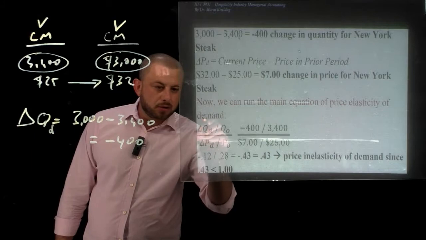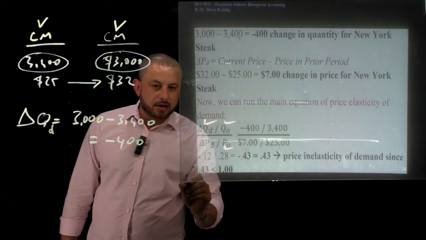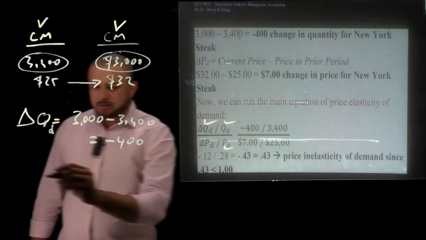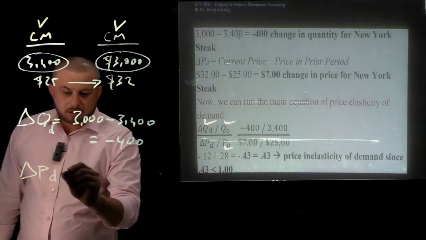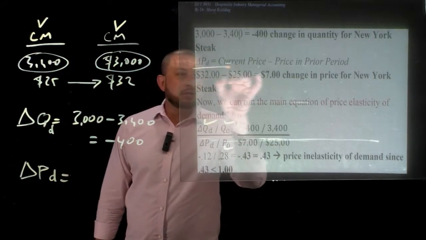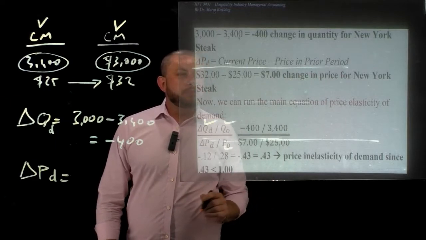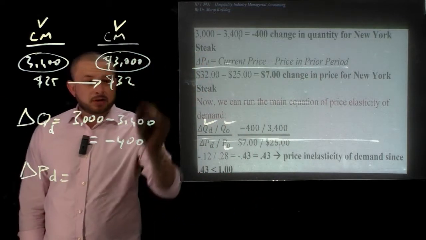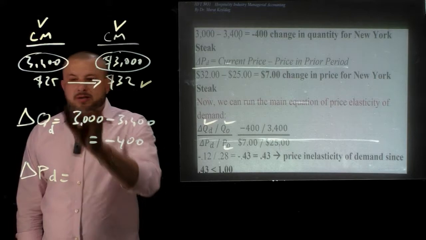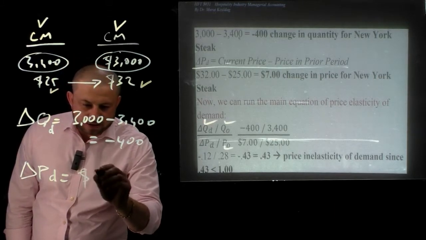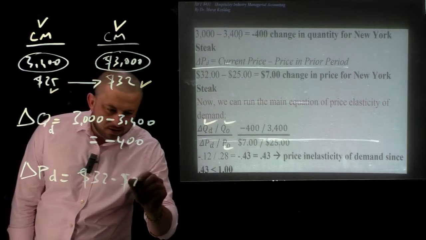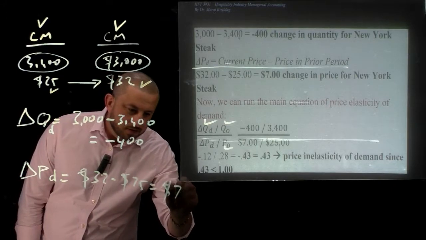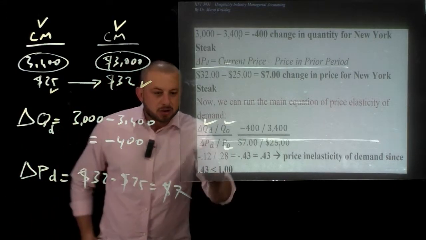Now delta PD: I don't know it yet, but delta PD is equal to current price minus price in prior period. Current price, this one. Price in prior period, this one. So $32 minus $25, which is equal to $7. Check mark.